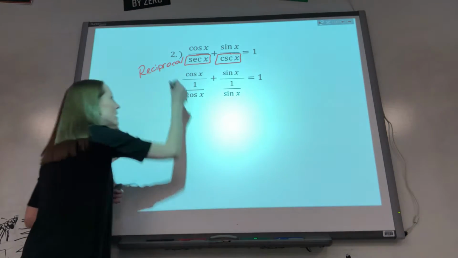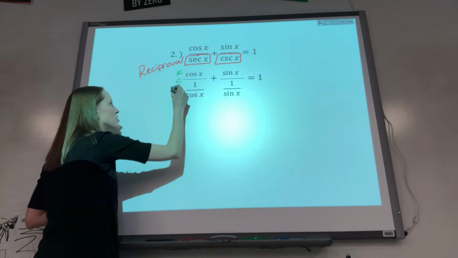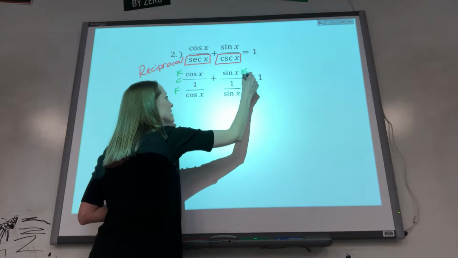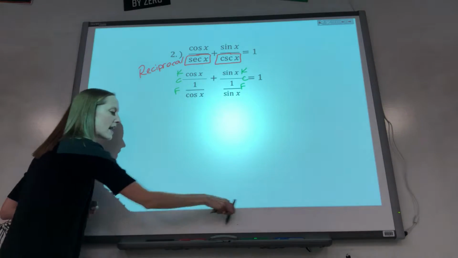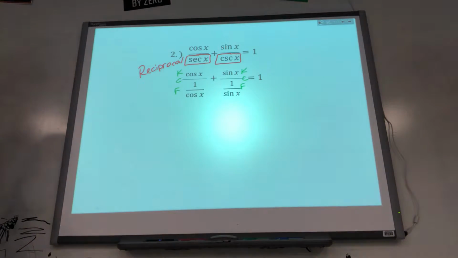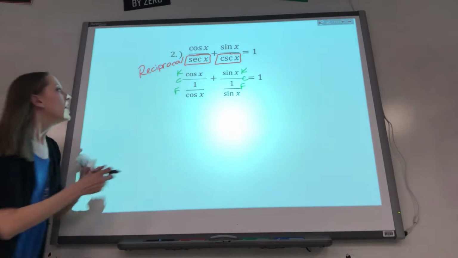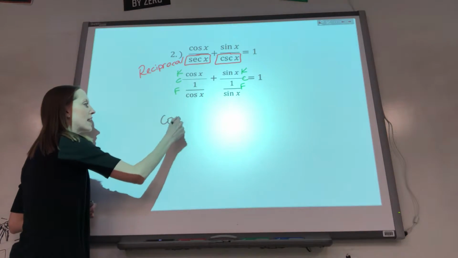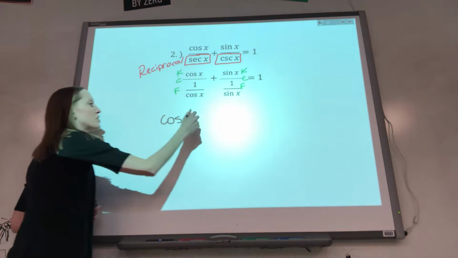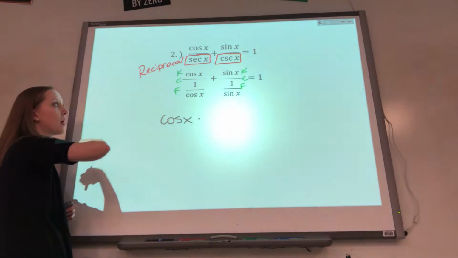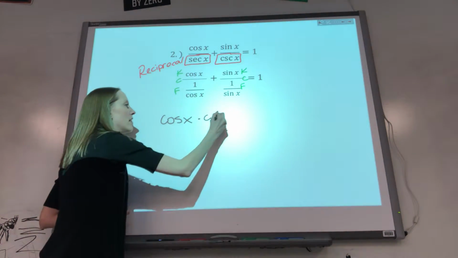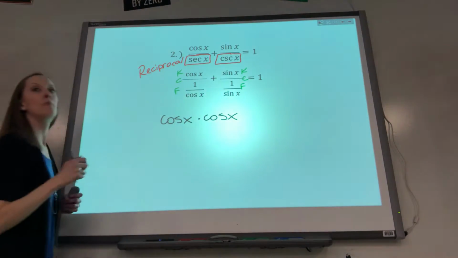Okay, so here comes the good old keep, change, flip. Dividing by a fraction is like multiplying by the reciprocal. So watch what happens right here. Keep cosine of x, change it to multiply, flip the fraction on bottom.